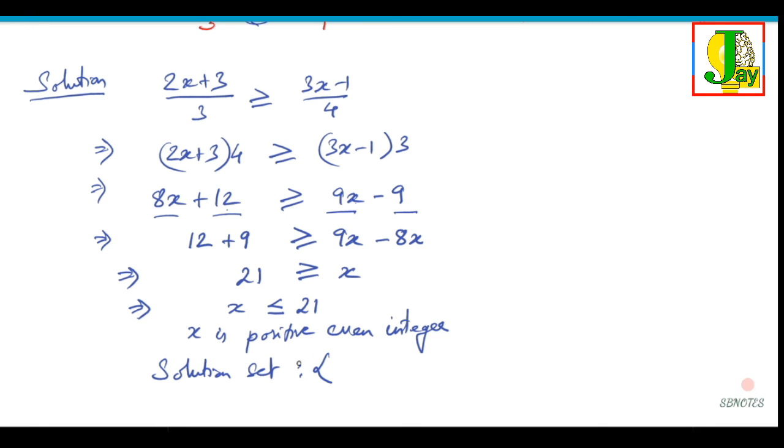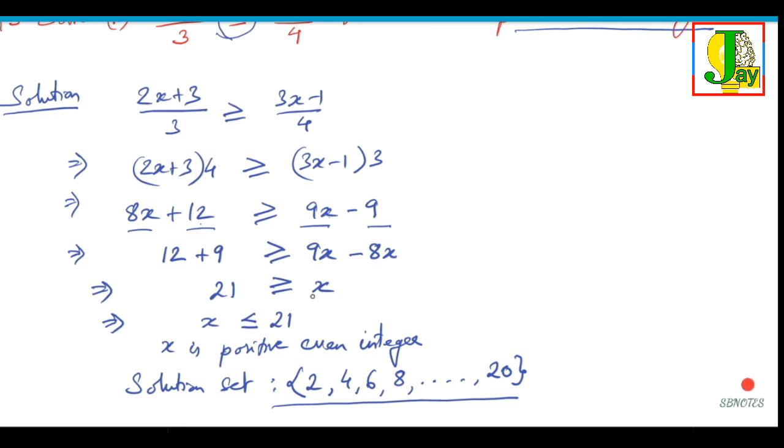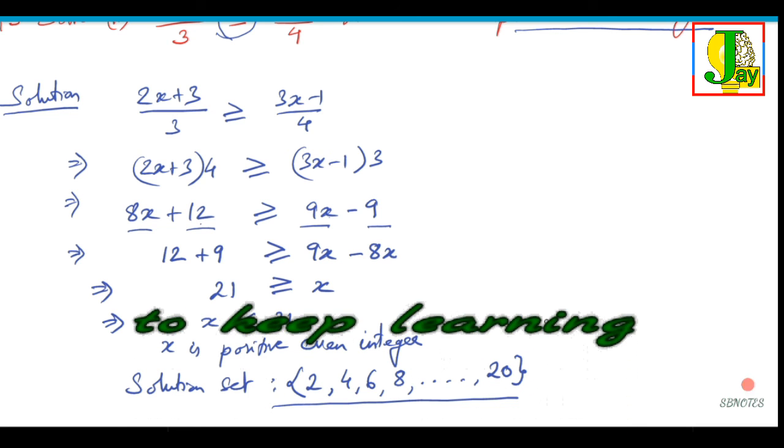We start with positive even integers, that starts from 2, 4, 6, 8, and it goes on till 20. So that's our solution set. It's less than or equal to 21, but 21 is not an even number, so we cannot write 21 here.